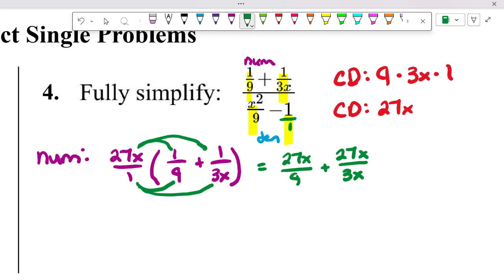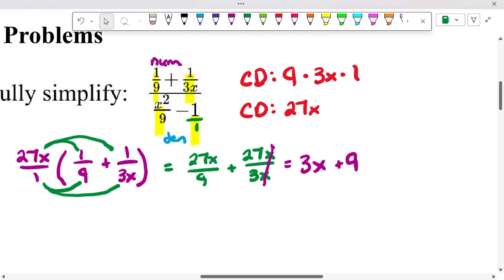Because what's 27x divided by 9? 3 what? 3x. That denominator's gone. What's 27x divided by 3x? 1. Well, the x's cancel. So what's 27 divided by 3? 9. So the x's cancel. I'm left with plus 9.